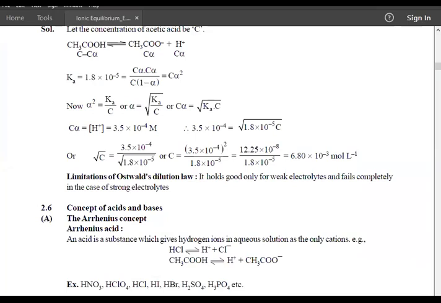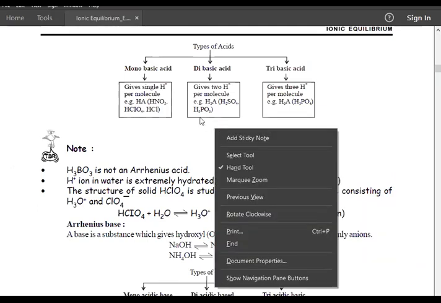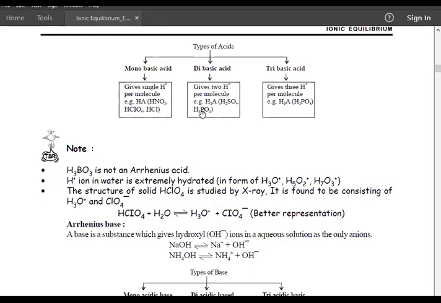In the same way, if a substance releases OH minus, it will be your base. Now, depending on the number of H plus and OH minus released, it is either monobasic or so on. Monobasic means release of one H plus.